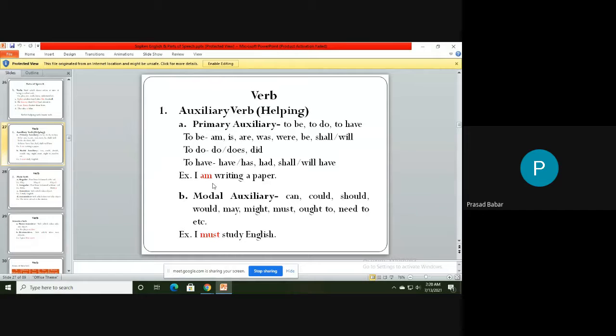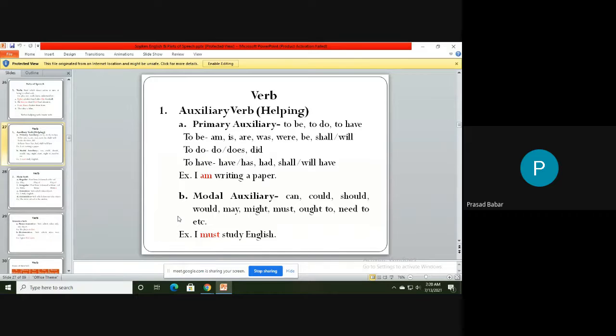We can say that can, could, should, would, may, might, must, ought to, need to, etc. come under the modal auxiliaries.